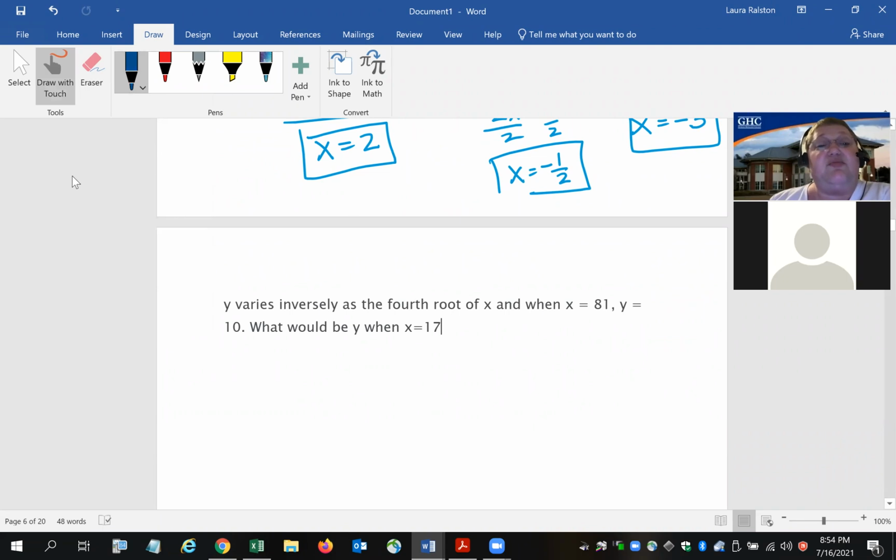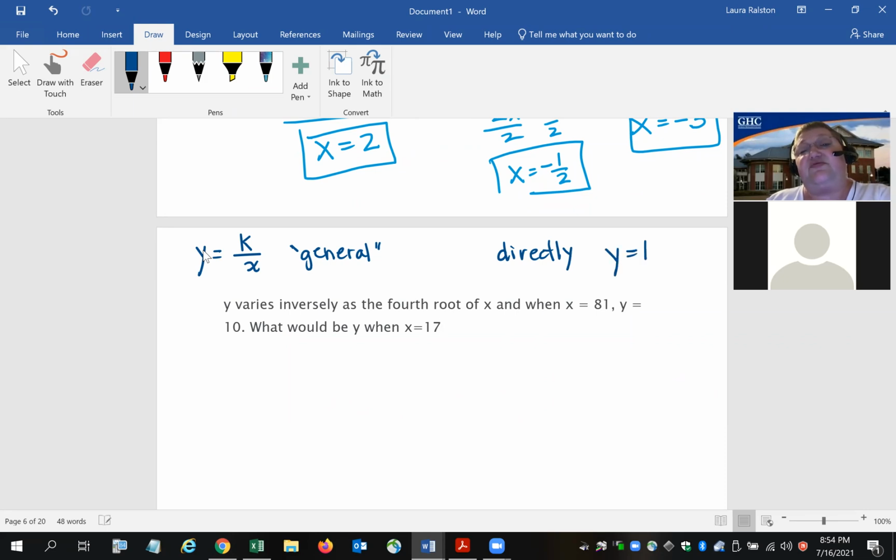Now you have to remember that in general, the inverse variation is y equals k divided by x. This is kind of the general form. If it says it varies directly, the general formula is y equals k times x.